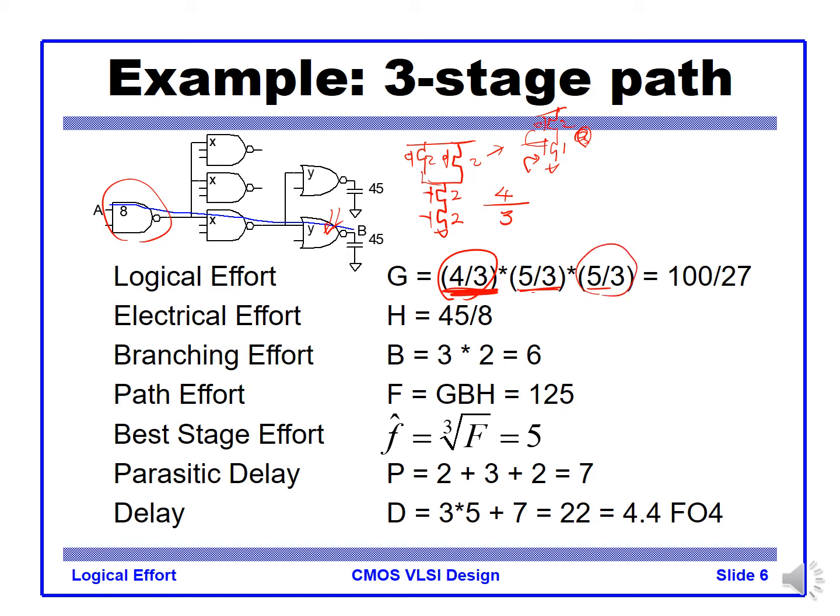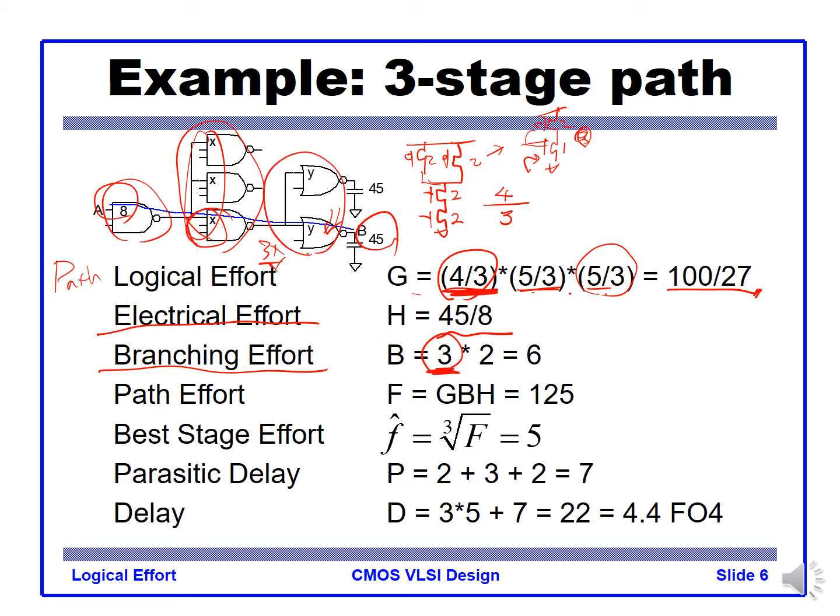So the multiplication of all the logical efforts will give us the path logical effort. So we get this. For the electrical effort, we know the input versus output ratio is 45/8. For the branching effort, we have 3 branches here, so 3x over x, that is the first stage branching effort.